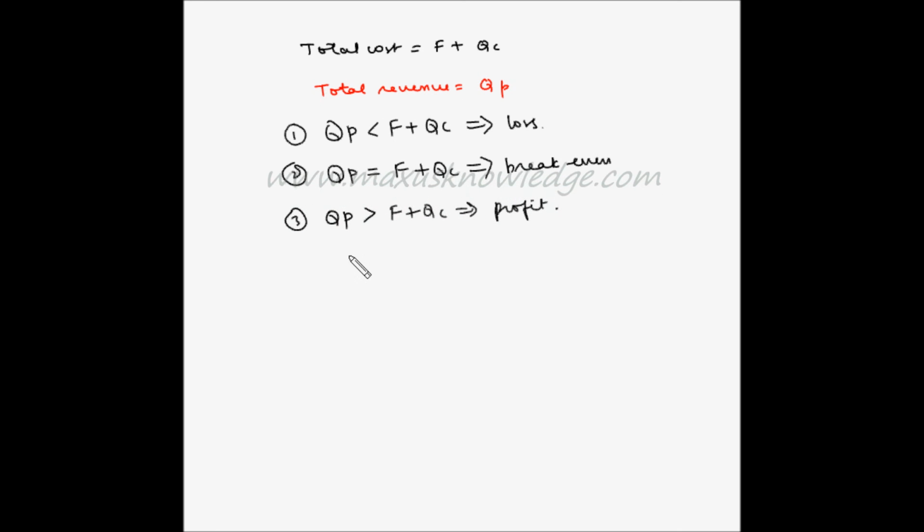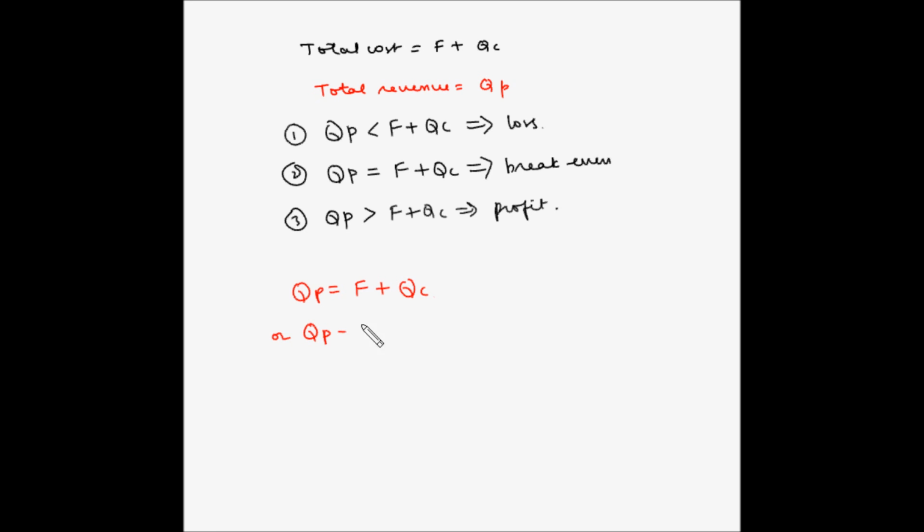plus your variable cost. So if we have to find out the minimum quantity that we need to assemble in order to recover the fixed and variable cost, then the formula will be QP is equal to F plus QC. Or let's bring this QC on the other side.